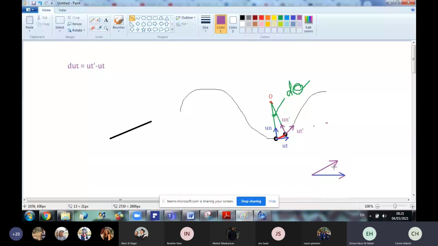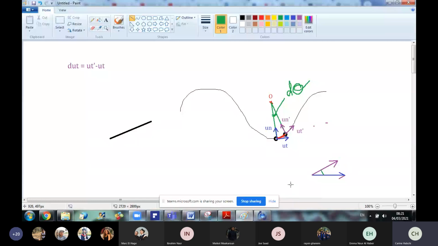It is the same, because as we said, ut is perpendicular to un, and ut prime is perpendicular to un prime. The angle between un and un prime is equal to the angle between ut and ut prime. So the angle here is also d theta.